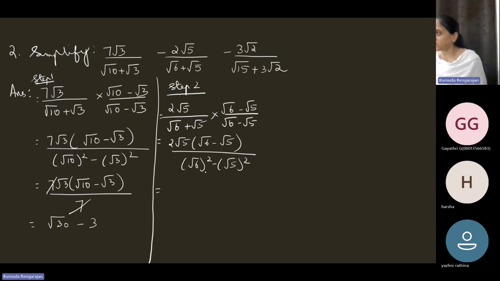No, let me just work and you can ask me. 2 root 30 minus 15. Not 15. 2 root 13 minus not 15. What is 2 root 5 into root 5? Root 5 into root 5 is 5, into 2, 10. By 6 minus 5, 1.